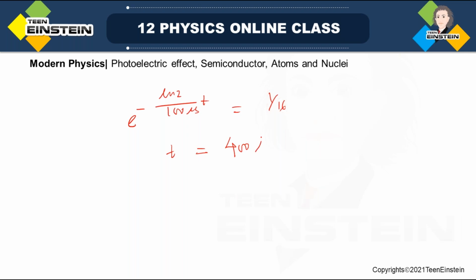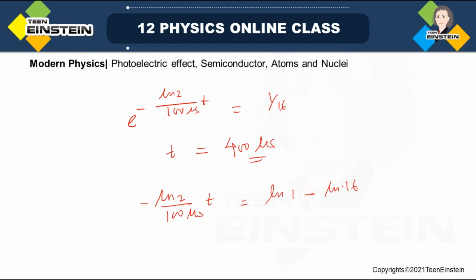You have to solve this to get t. On both sides, what we can do, we can take the log. Let me just try out. So this is ln2 by 100 microsecond into t, equal to ln 1 minus ln 16. ln 1 is 0 actually.